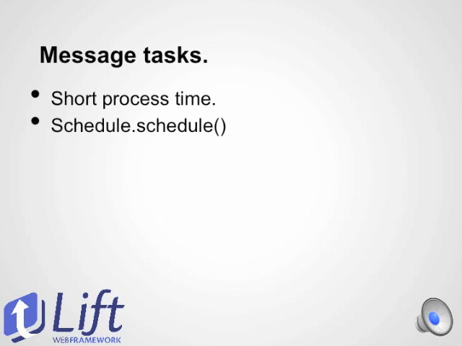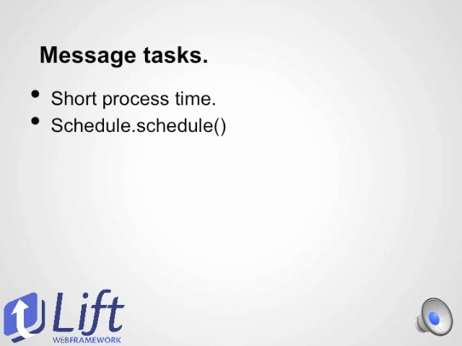So what you want to do there is schedule that task on a different thread, and then return, so the Comet actor is ready to listen to new messages and continue working on pending messages. One of the tools that Lift gives you to send a process to another thread is using Schedule.schedule.